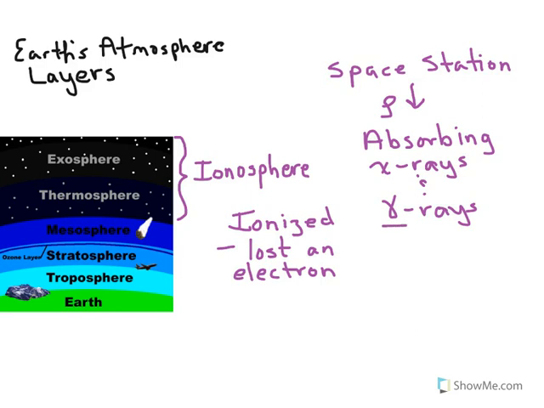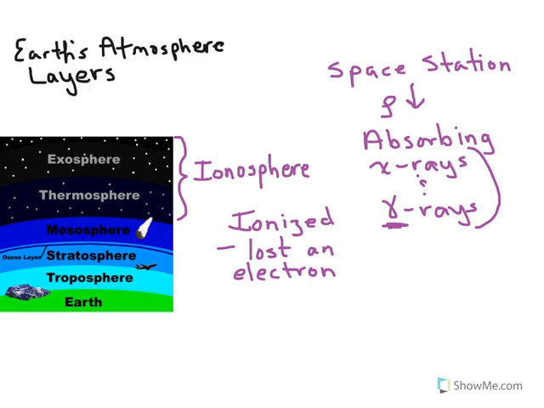So this is gamma, that kind of ribbon-looking symbol. So these are the two shortest wavelengths of light. That's the highest energy form of light. And this is a good thing because these things would kill us if they came through our atmosphere. So our upper atmosphere is protecting us from these very deadly forms of radiation.